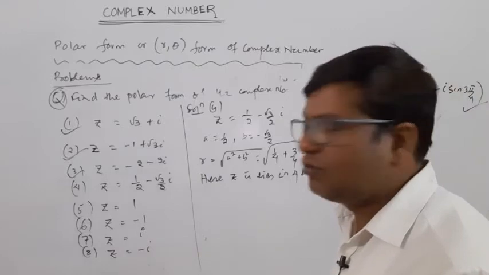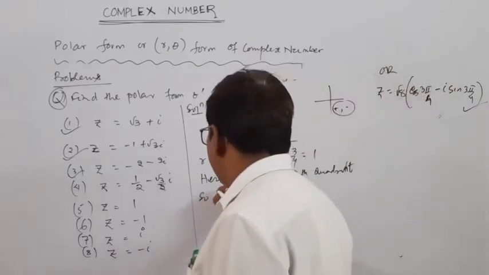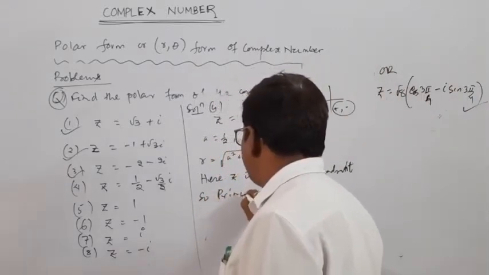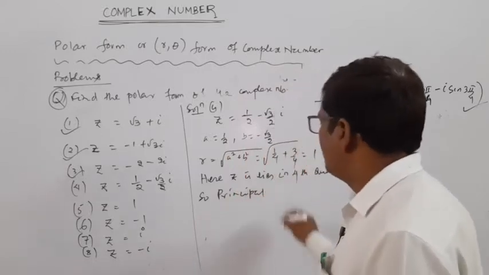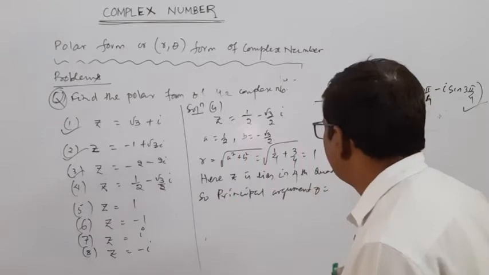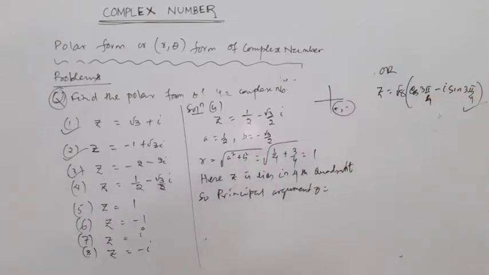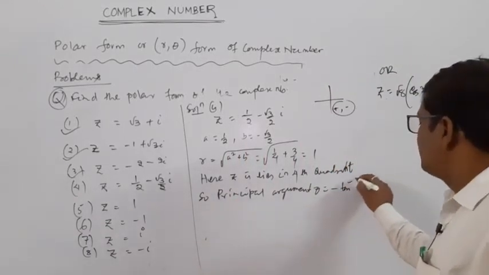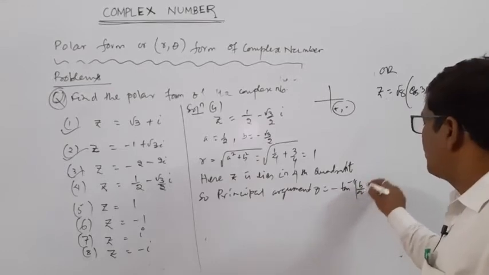So the principal argument theta, that is for the fourth quadrant, is minus of tan inverse of mod of b by a.